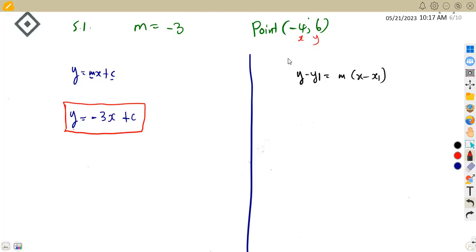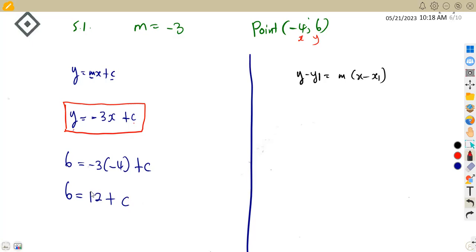This is your x and this is your y, so that you can obtain the value of c. So here we are going to have our y is 6. So 6 is equal to -3 times x, of which your x is -4. So that's a -4 in this case plus c. So 6 is equal to -3 times -4 from your calculator. That's a +12, which is plus c.